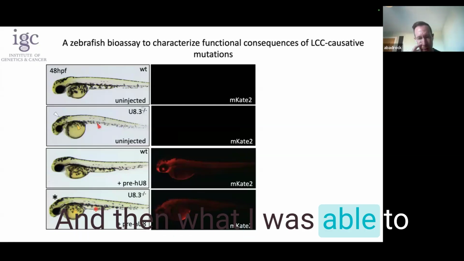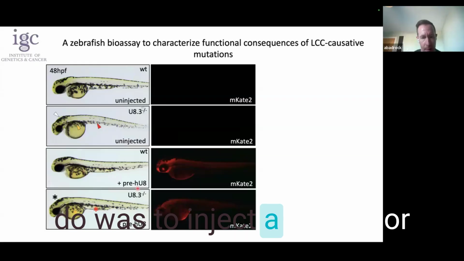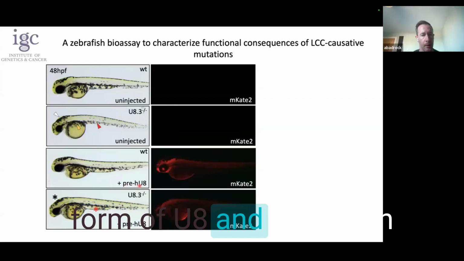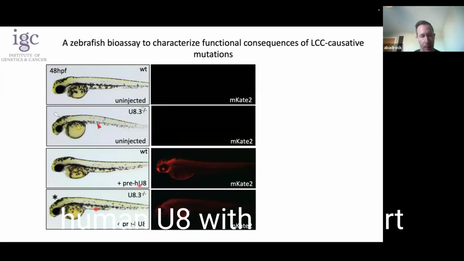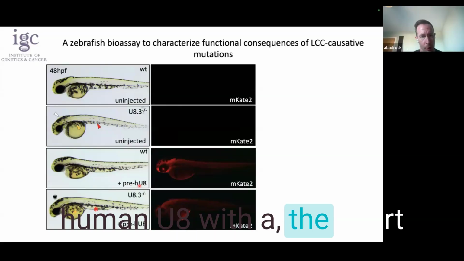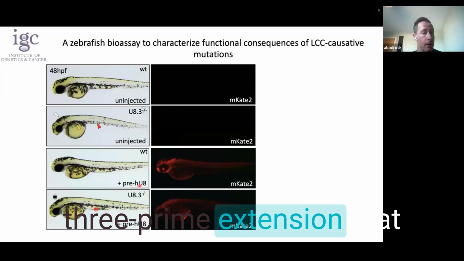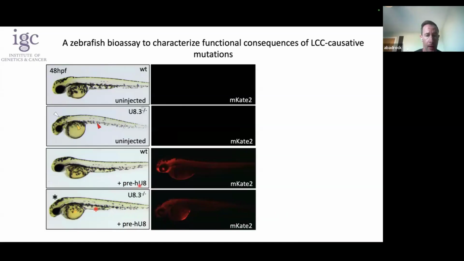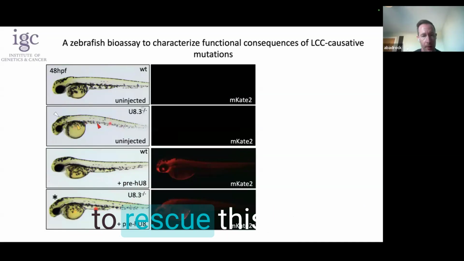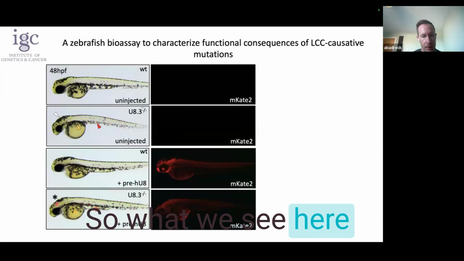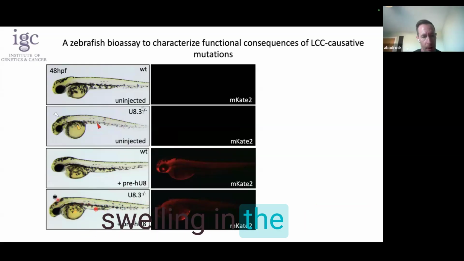And then what I was able to do was to inject a precursor form of human U8, essentially a human U8 with the short 3' extension that Jamie mentioned earlier. When I inject this human U8, I'm actually able to rescue this mutant. So what we see here is there's no longer any swelling in the brain.